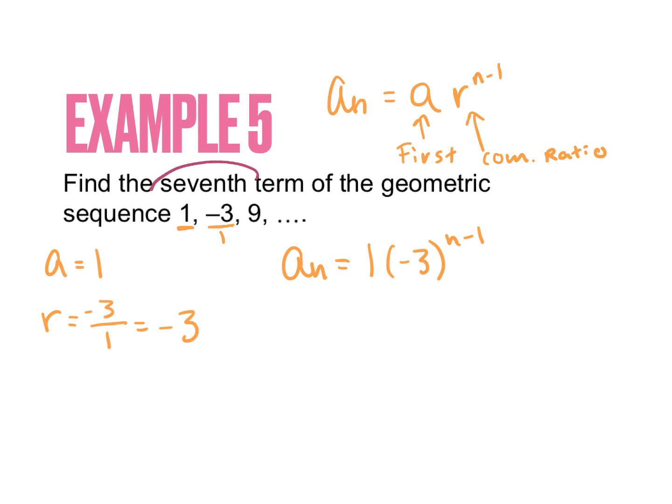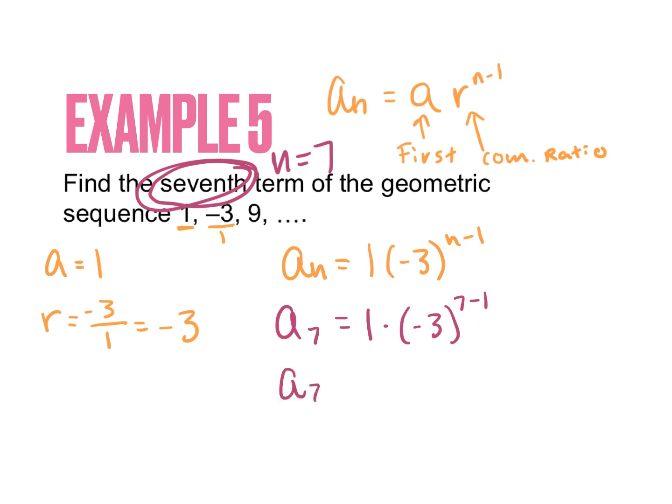It asks us for the 7th term, so that means n is equal to 7. So we got to plug 7 in for our n. So a sub 7, that just means our 7th term, is equal to 1 times negative 3 to the power of 7 minus 1. So our 7th term is 1 times negative 3 to the power of 6.